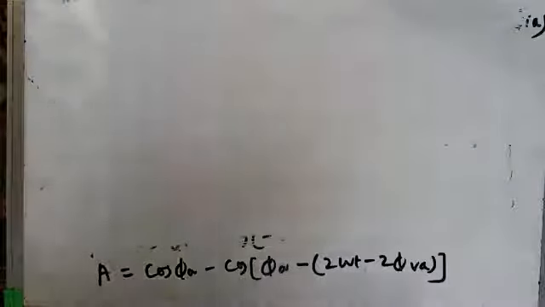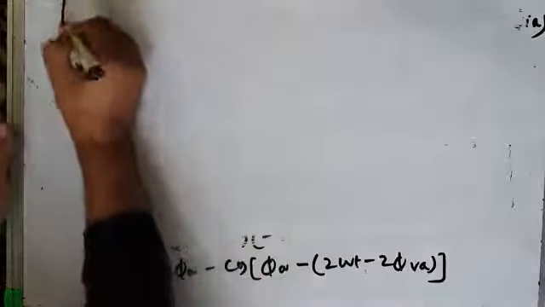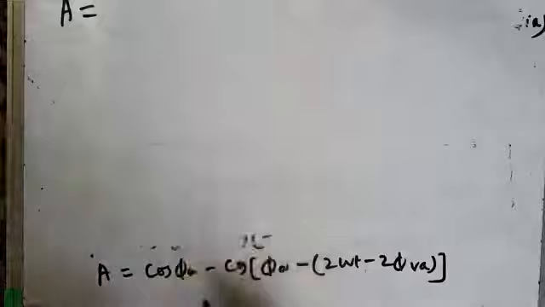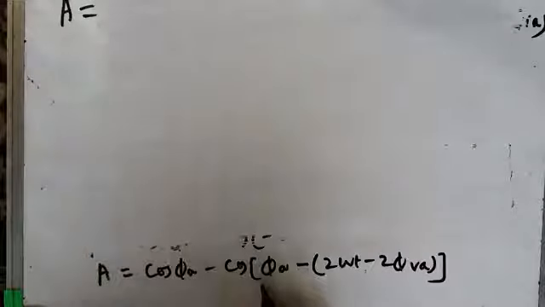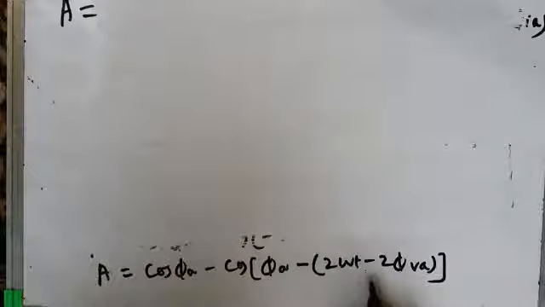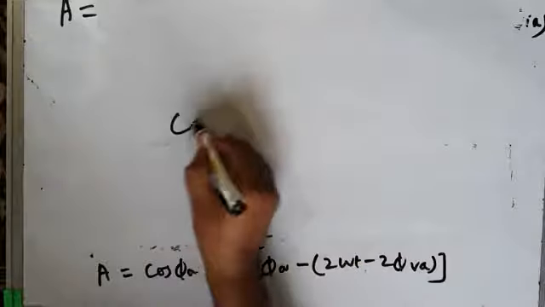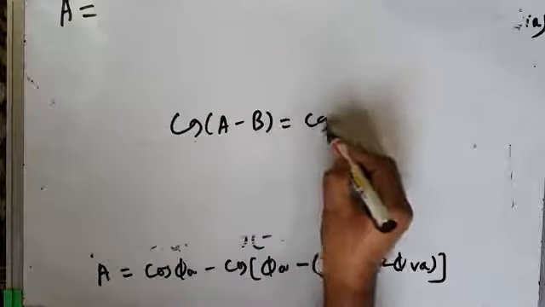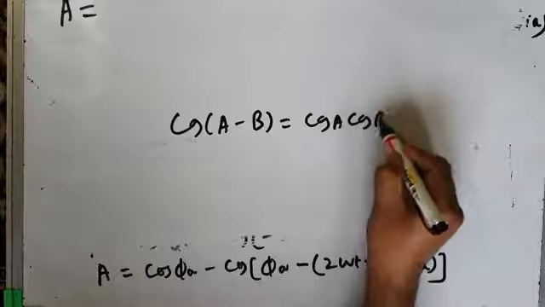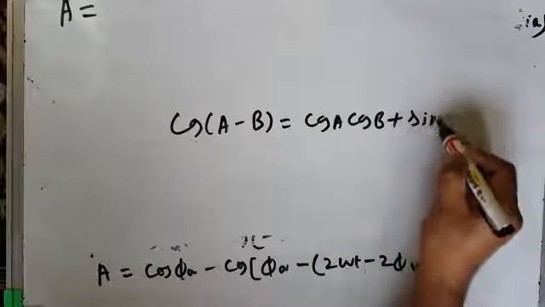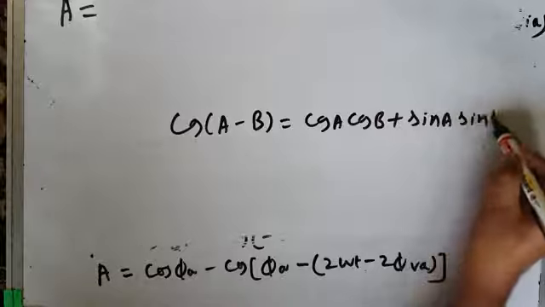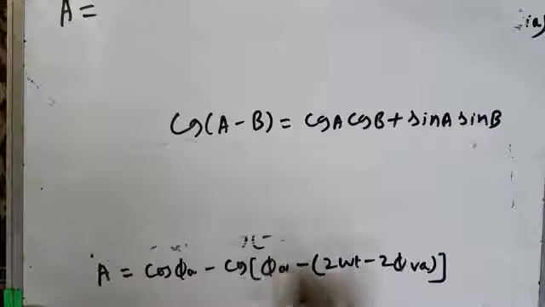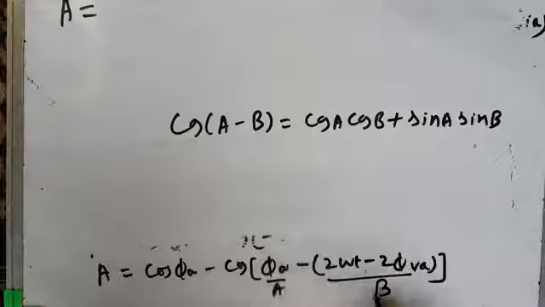I can write A is equal to cos phi A minus, now this is cos of a minus b. By the way, what is cos of a minus b? By trigonometric identity, it is cos a cos b plus sin a sin b. This is a and this whole thing is b. So cos of a minus b is cos a cos b plus sin a sin b.